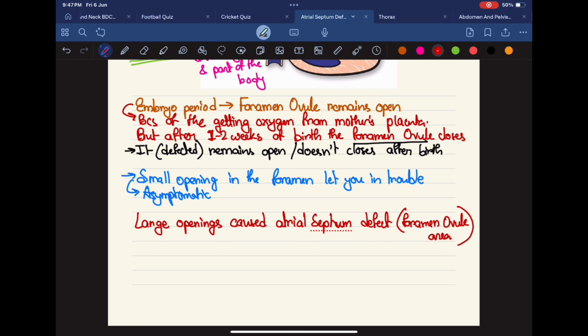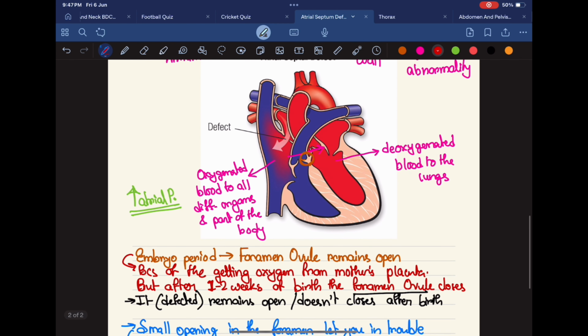The oxygenated blood gets transferred into the right side of the heart, and the oxygenated blood gets mixed with the deoxygenated blood and is transferred into the lung. So it can cause paradoxical embolus.